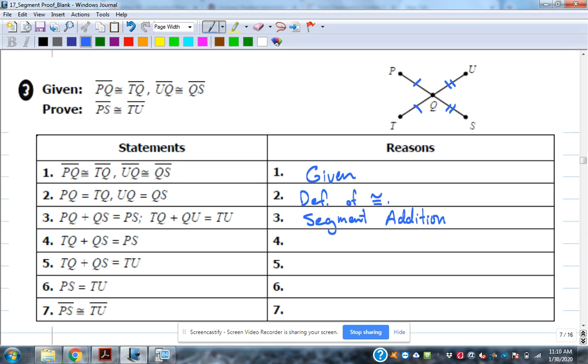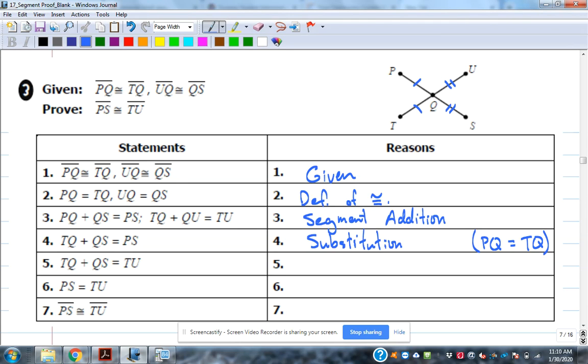Instead of PQ, they have TQ. How could they do that? Substitution. And maybe over here in the parentheses we'll write, we said we knew that PQ was equal to TQ. And that's how that happens. That's not something you would have to do on a proof, but maybe here in our notes while we're learning to do this, that helps us know where that came from.